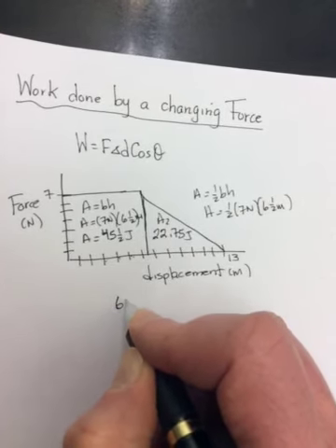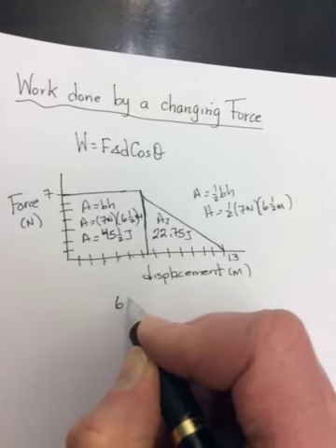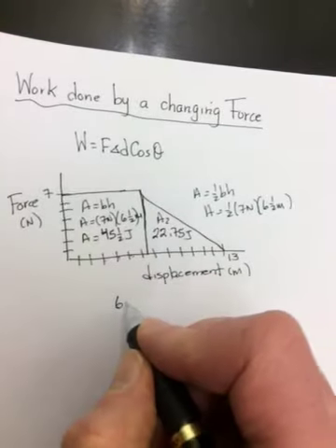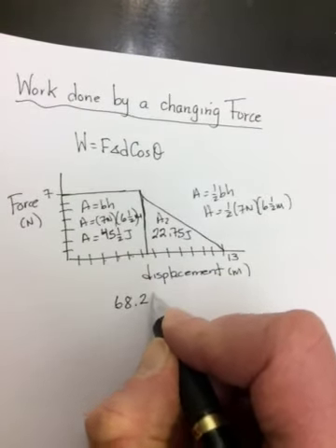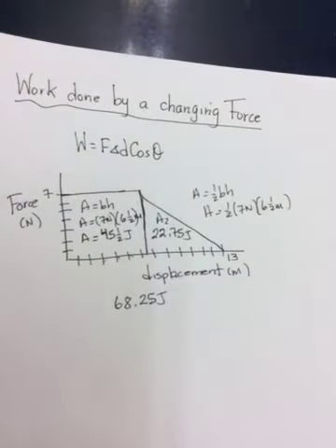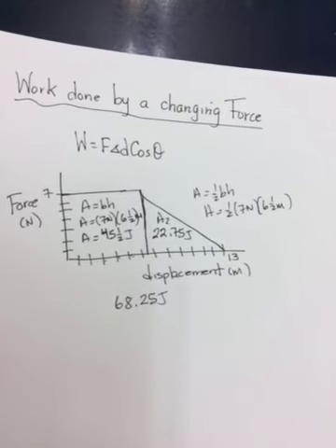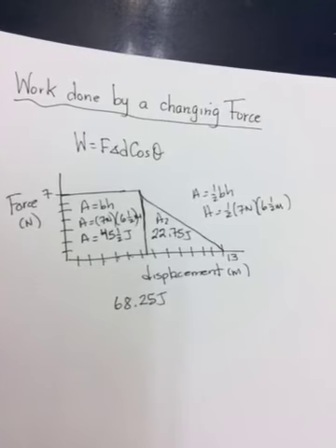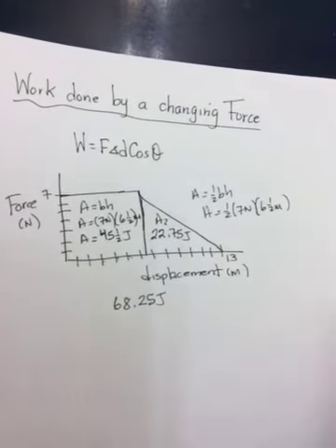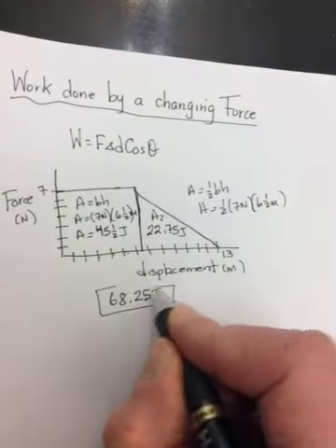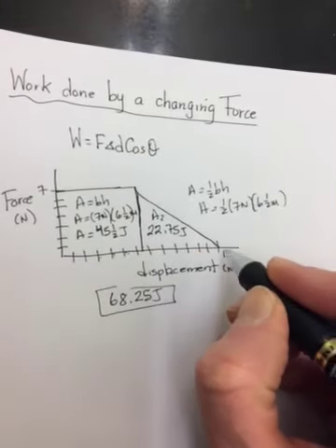So it would be 66, 67, 68.25. I could check that just to make sure, I suppose. 7 times 6.5 plus 7 times. So yeah, 68.25 joules would be the total area, which would be then the total work done.